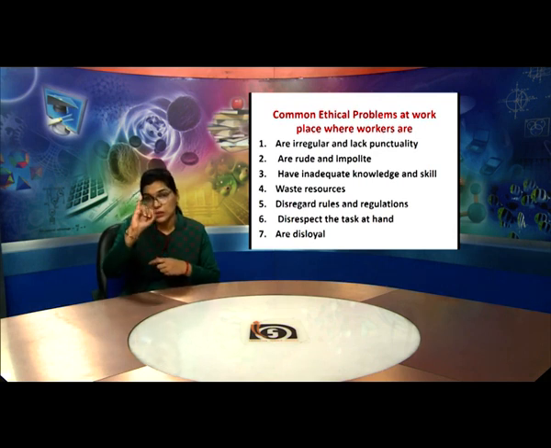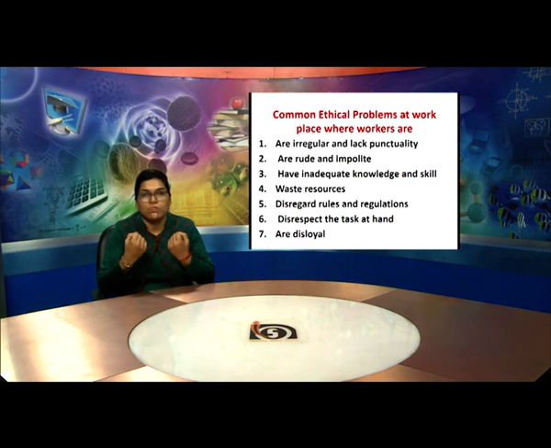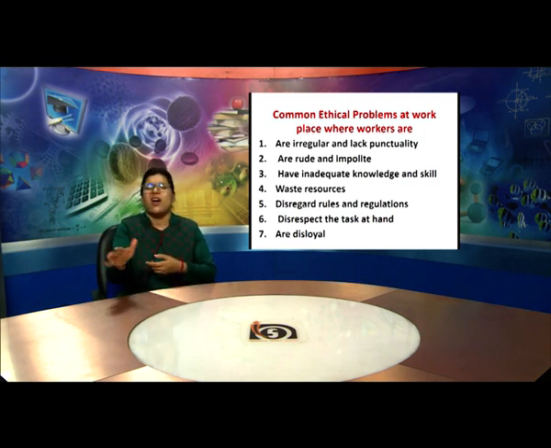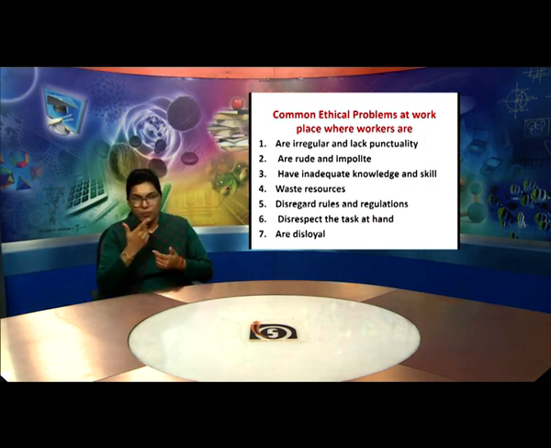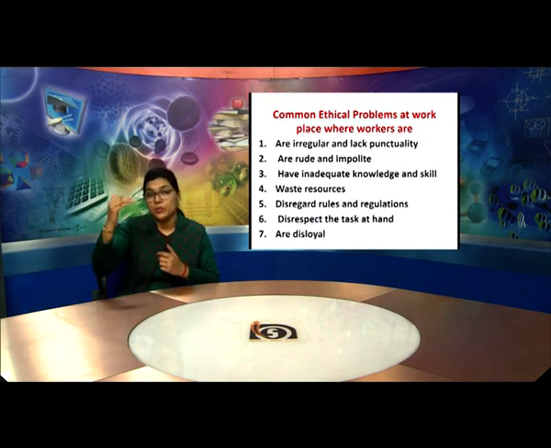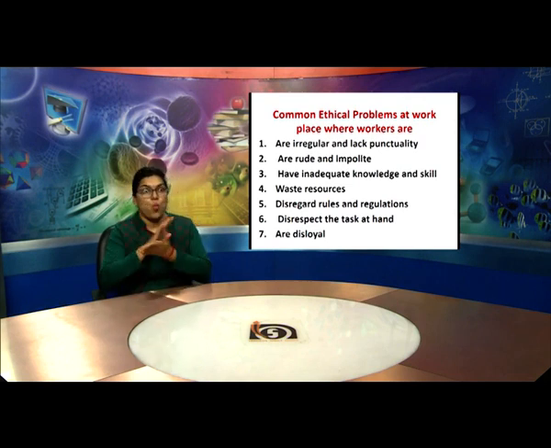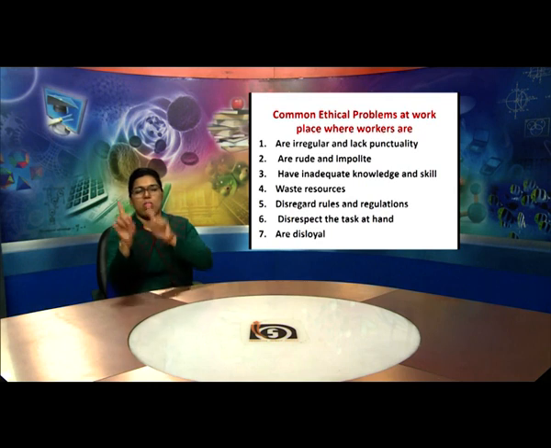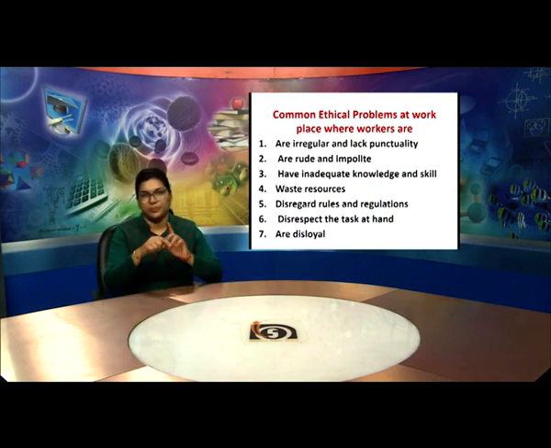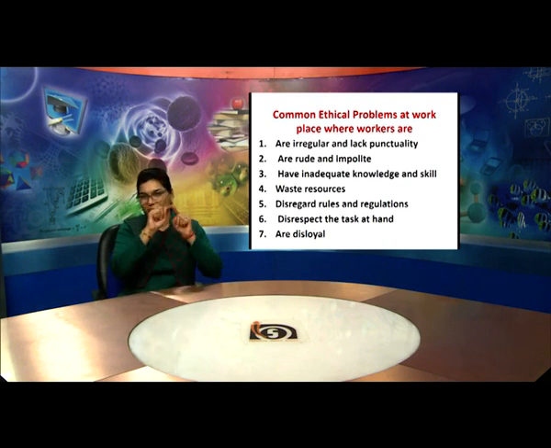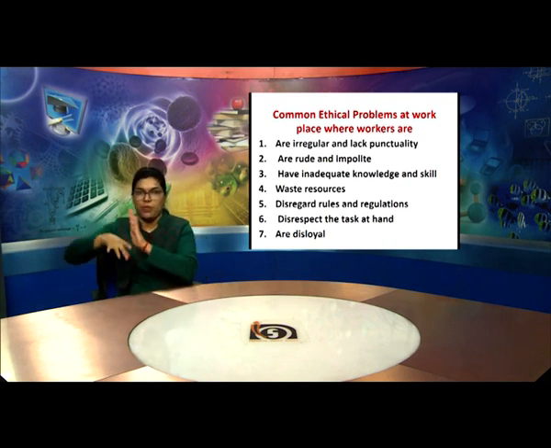The fifth common ethical problem is there is a disregard of rules and regulations. The sixth common ethical problem is we disrespect the task which is at hand. And the seventh point is some workers are disloyal. Now we will discuss all these 7 points in detail.